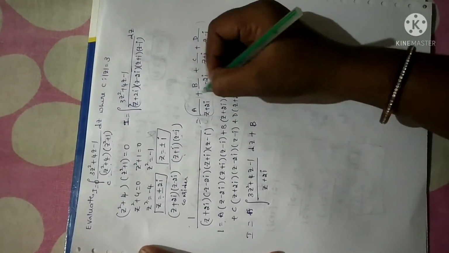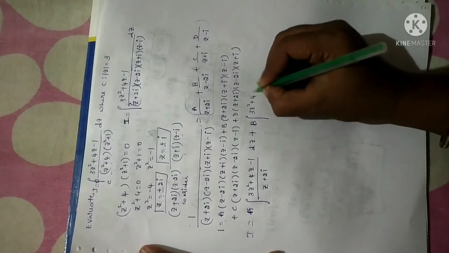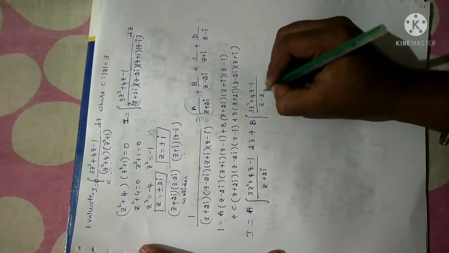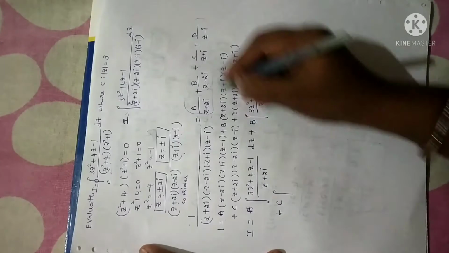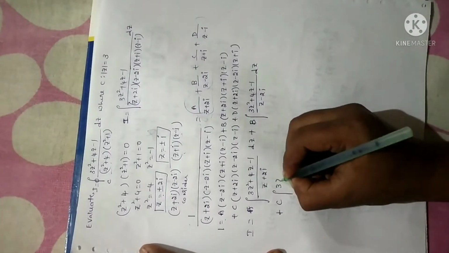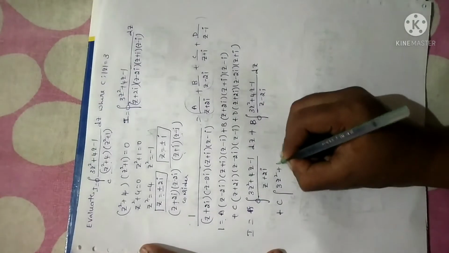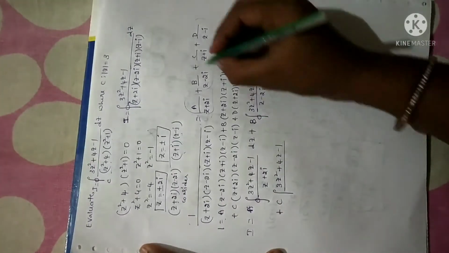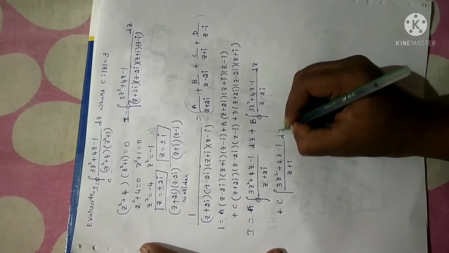So b into the numerator 3z square plus 4z minus 1 divided by z minus 2i dz, plus c into the numerator as it is, 3z square plus 4z minus 1, you have to put the closed integral, otherwise it will have a different meaning, divided by z plus i dz.